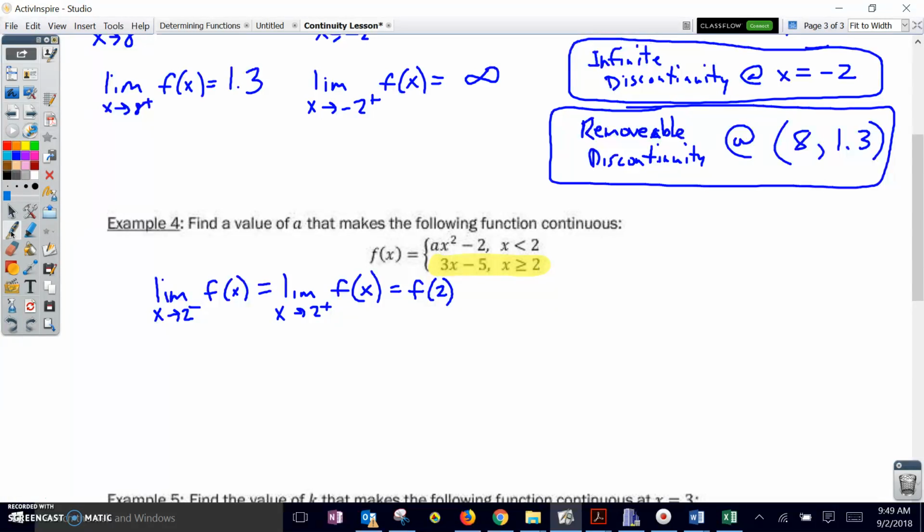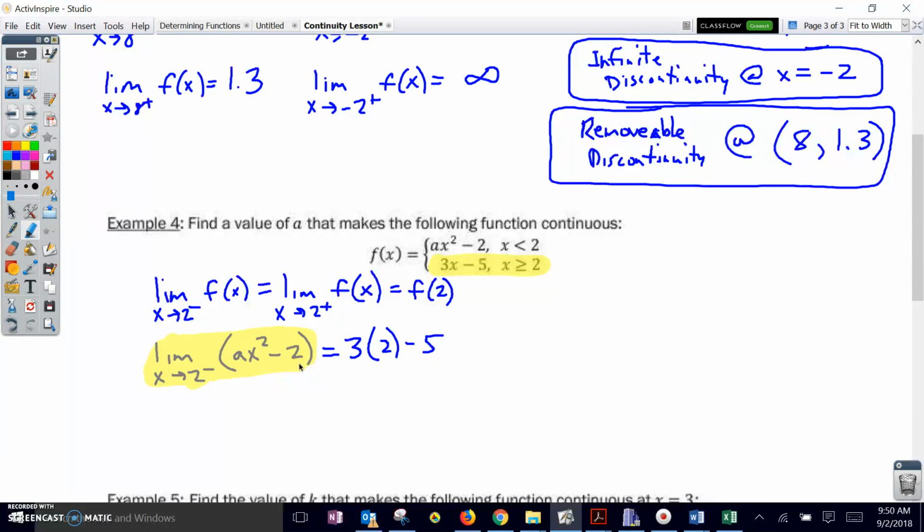And so what we need is the limit as x approaches 2 from the left of the left branch of this function to be equal to the value of the function at 2, which is the same in this case as the limit of the right branch. Now, to take the limit of this left branch as we approach from the left, well, it's quadratic, so that means that if I were just looking at the quadratic function in itself, that would be continuous.